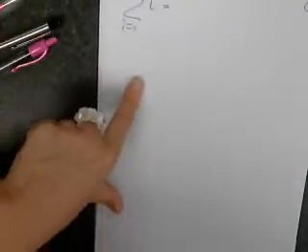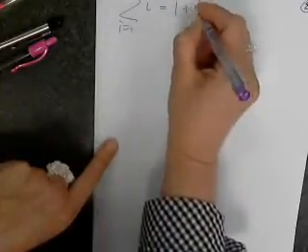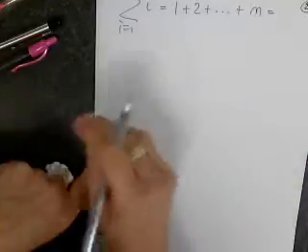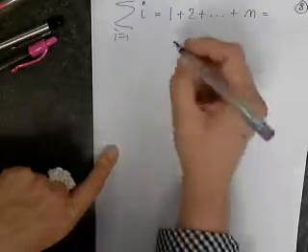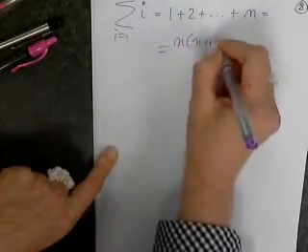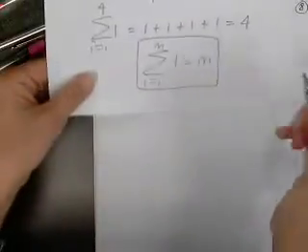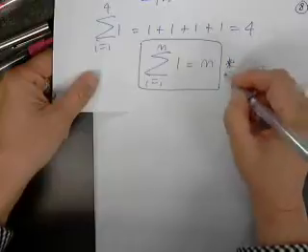From i equals 1 through n: 1 plus 2 plus 3 and so on. In pre-calculus, we showed that this equals n times n plus 1, divided by 2. Like the previous one, you must remember it. This is a very important result.